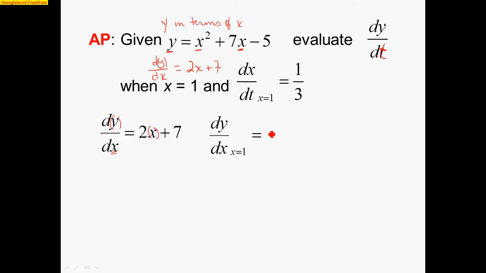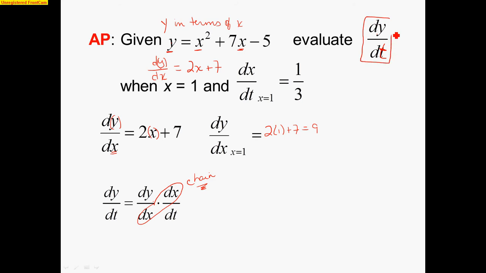I can tell you that dy dx at 1 is 2 times 1 plus 7, which is 9, correct? Then remembering the chain rule, see the chain, be the chain, right? They want me to evaluate dy dt here. So if I want dy dt, I have dy dx, and I have dx dt, they gave that to me, check.